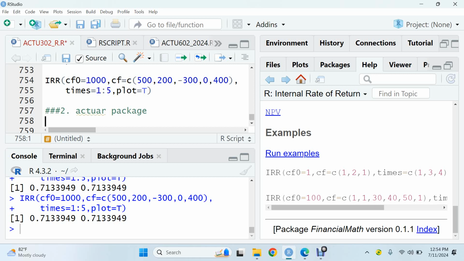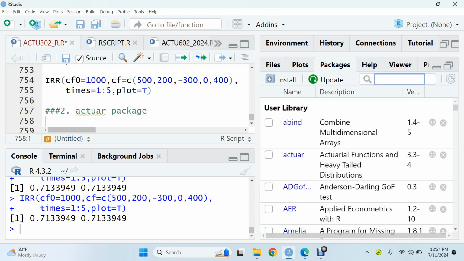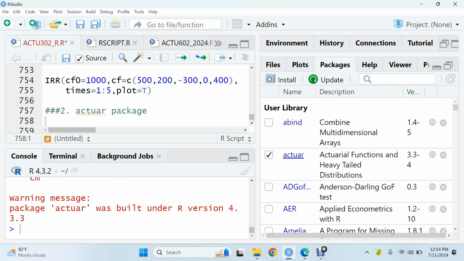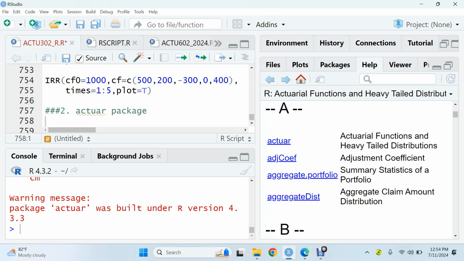So we are just exploring some of these packages in actuarial science. Okay, so actual, if you go there, that's actuarial functions and not heavy-tailed distributions. So we can click on it and then go in and study some of them.